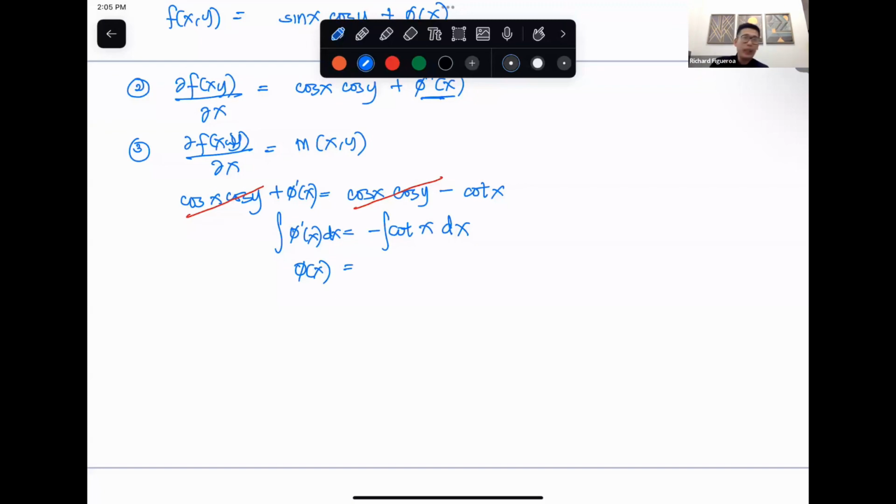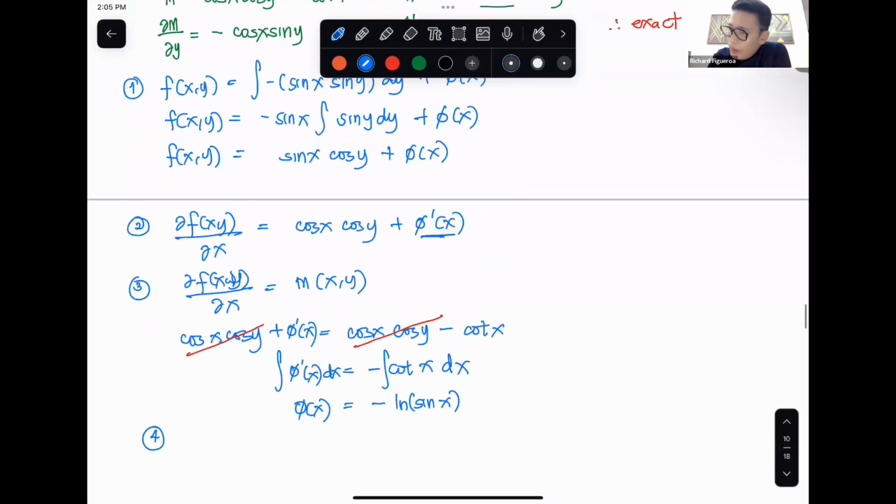So anong integral ng cotangent x? Ln sine x. So our answer then would be minus ln of sine x. So now, this is our answer then.